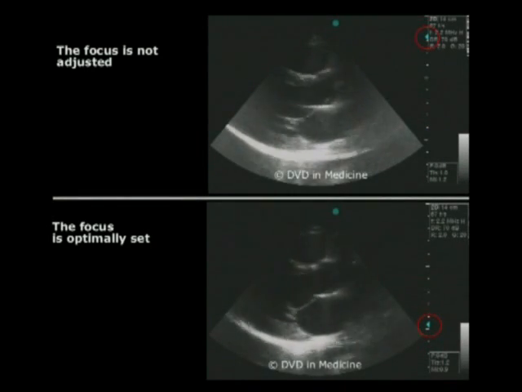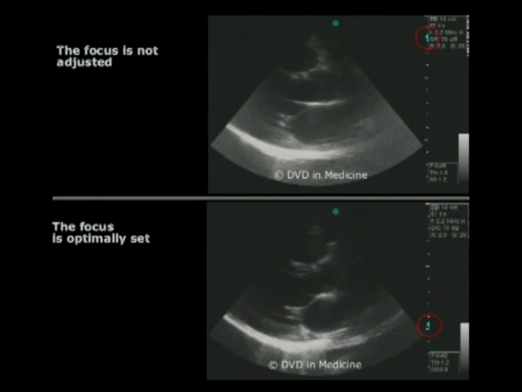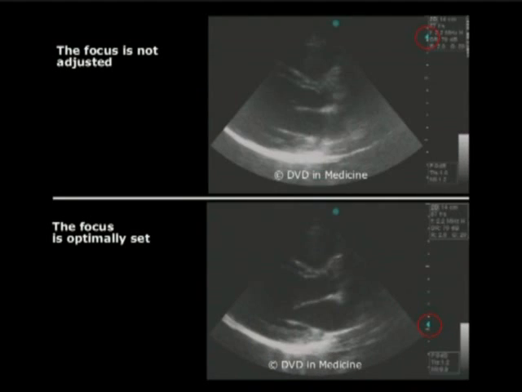Now on the divided screen, you can see the direct comparison of two real-time images taken from the same patient. On the upper image, the focus is not adjusted, and on the lower image, the focus is optimally set.